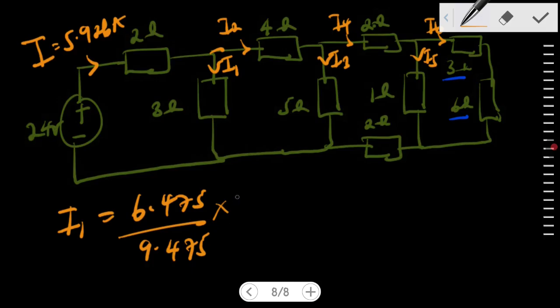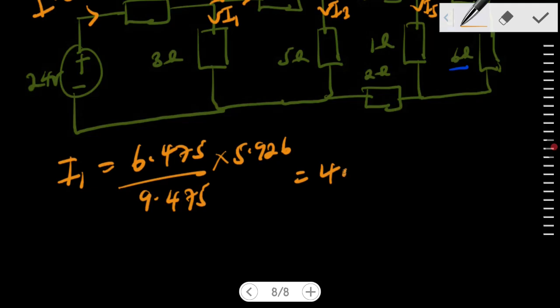That would be 5.926, right? So the current would be 4.050 amps, right?